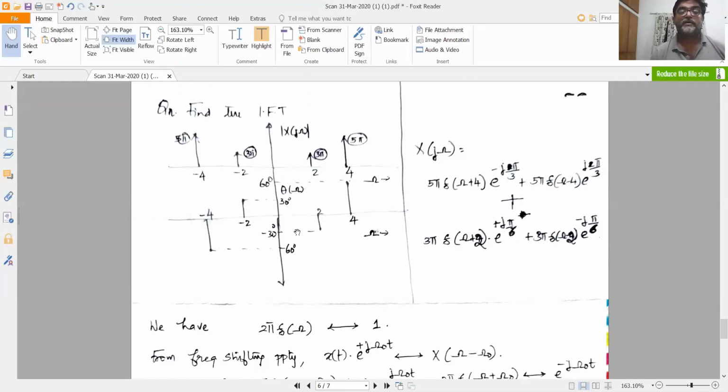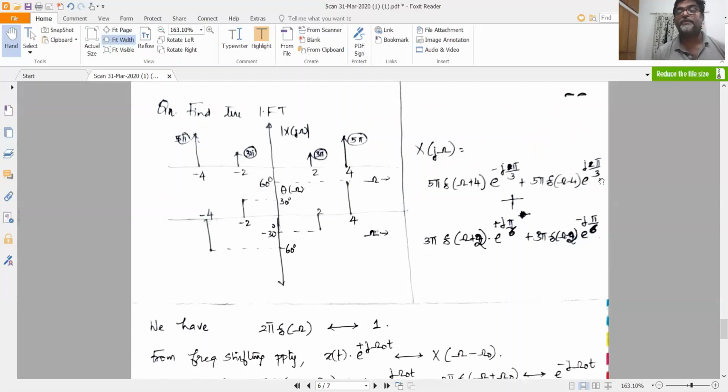Then here you have 3 pi delta omega minus 2 into e raised to minus j pi by 6. That is this part. And finally, you have 5 pi delta omega minus 4 into e raised to plus j pi by 3.